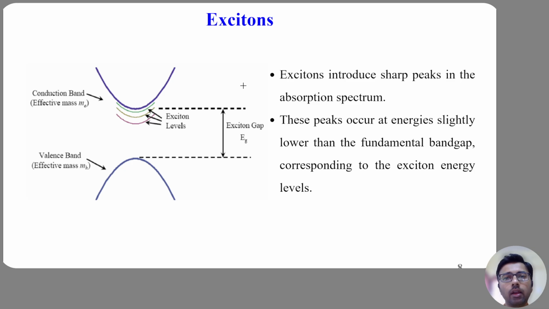Now consider what happens during UV-visible absorption spectroscopy. Instead of observing a simple sharp edge at the band gap energy, we observe sharp absorption peaks. These absorption peaks occur at energies slightly lower than Eg because energy is required not only for excitation but also to overcome the exciton binding energy.